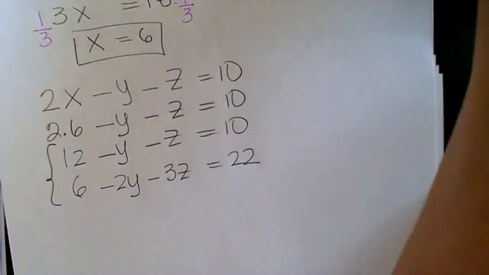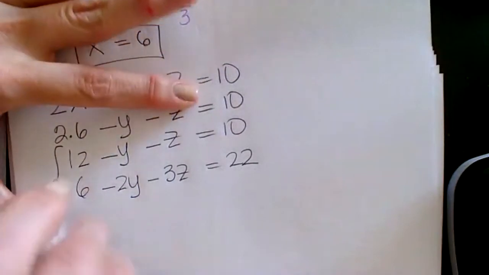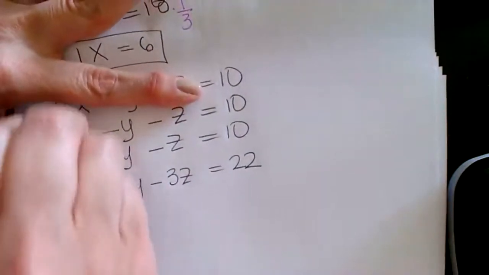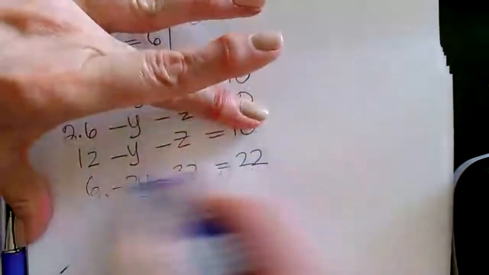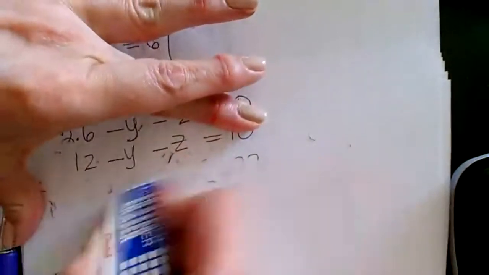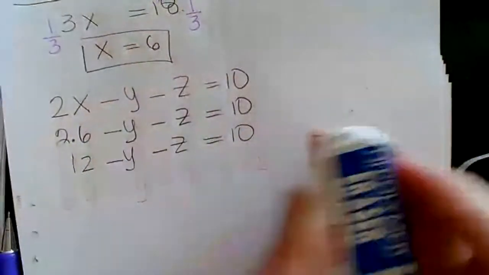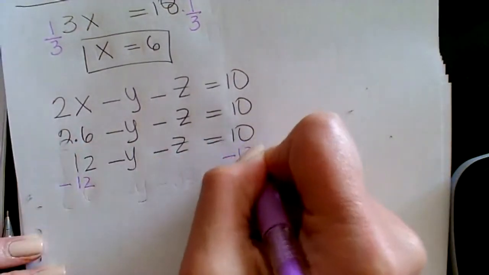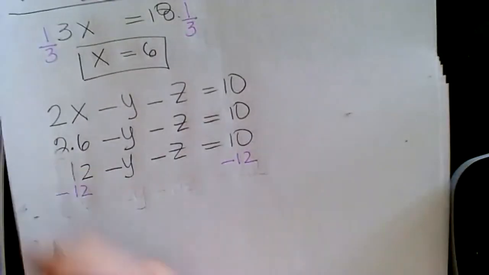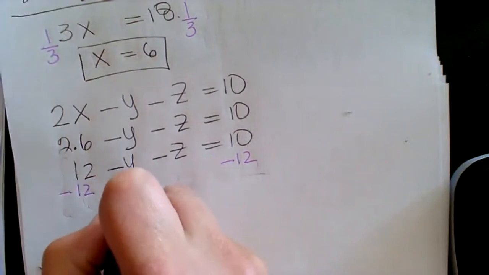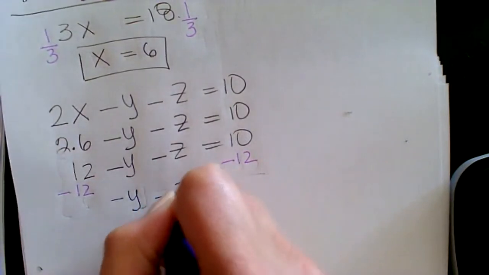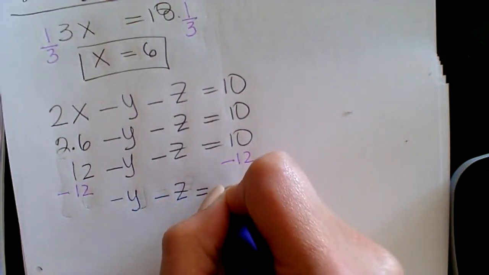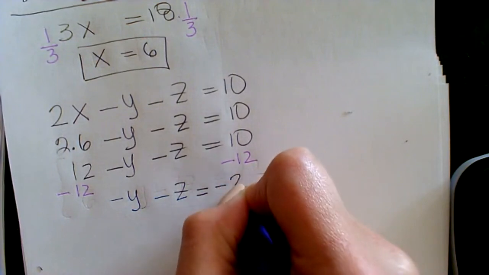So let me do that first. Let me combine these terms. So then if I make a 0, this is going to be negative y minus z equals what? To negative 2.